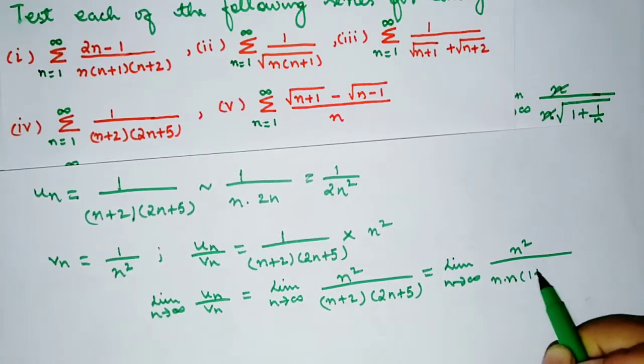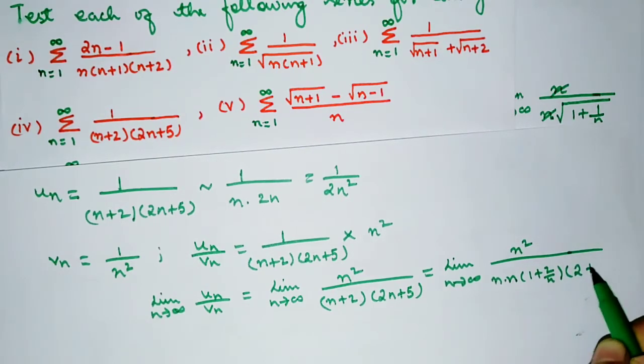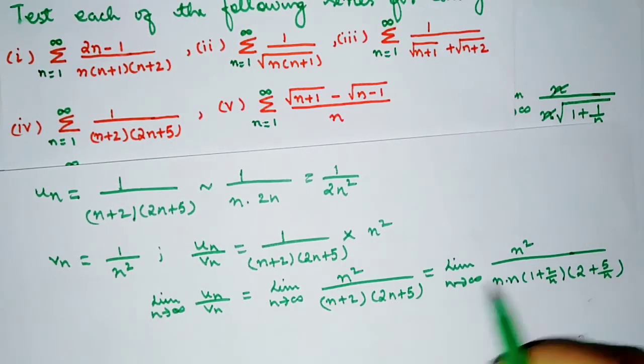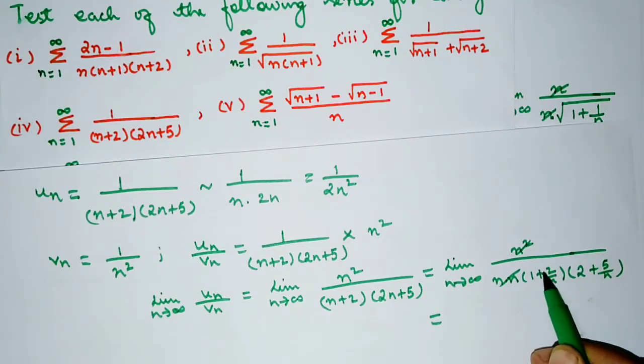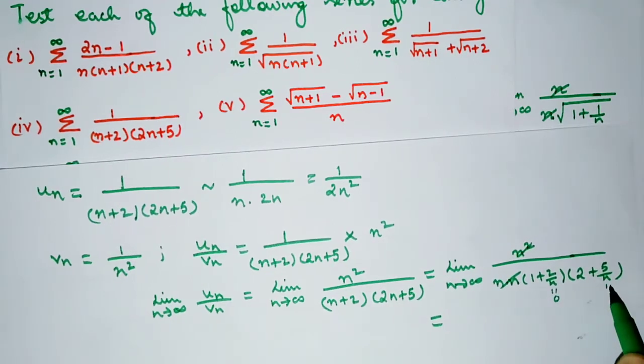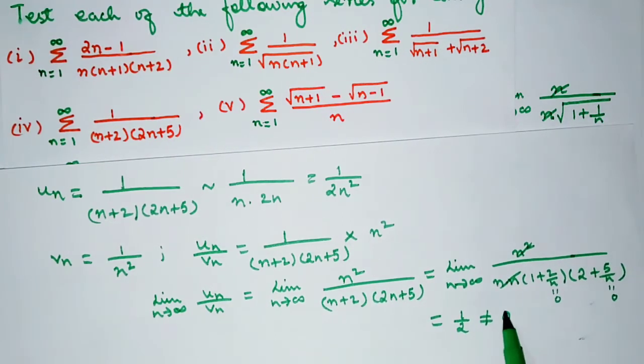We are left with 1 plus 2 upon n, and here 2 plus 5 upon n. So they get cancelled. Now when you replace n by infinity, you will get 0 here and 0 here. So 1 into 2 we have. This is not equal to 0, and also it is finite.